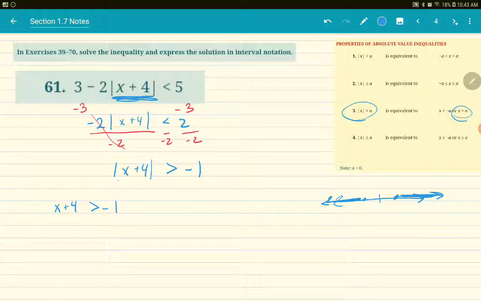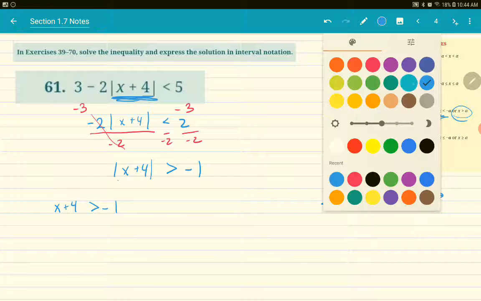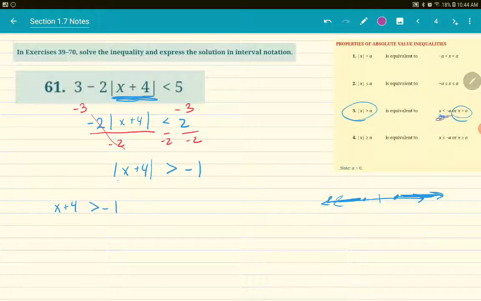So I have that. The other one, which I'm going to do in purple, this guy right here is what happens if what is inside of the absolute value was actually negative, then that means I have to flip this and change the sign. So now I have 2 possibilities.